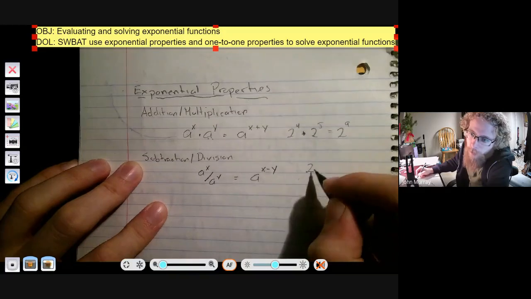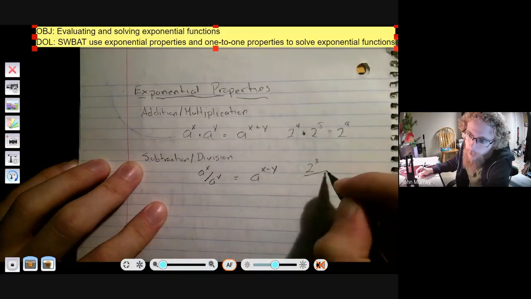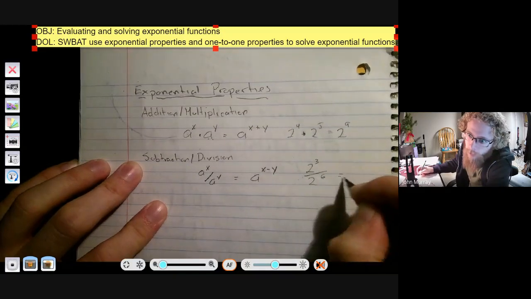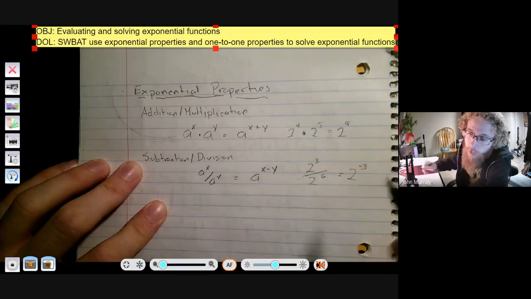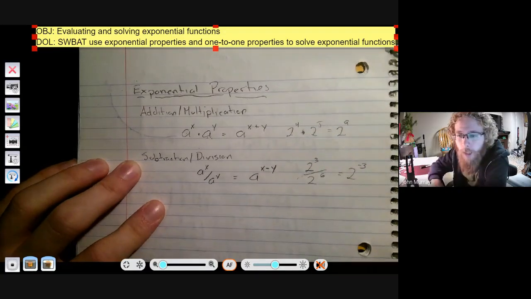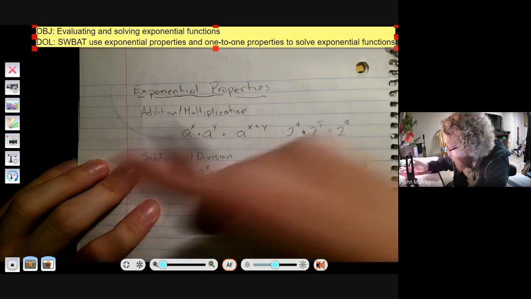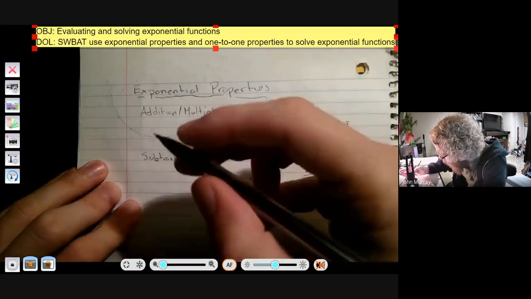I'm pretty sure we've done it before. So if you had something like 2 to the third over 2 to the sixth, we would subtract them. It's always the numerator minus the denominator. So in that case, we would end up with an exponent of -3. Which brings me to my next property.